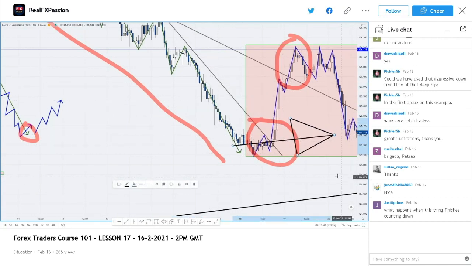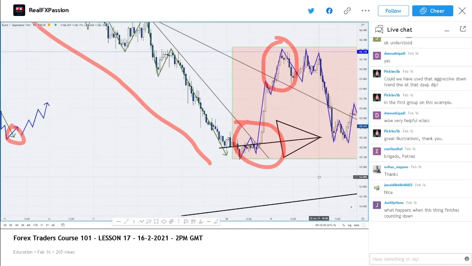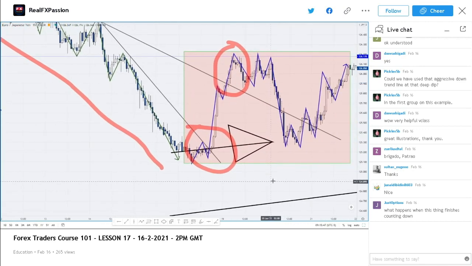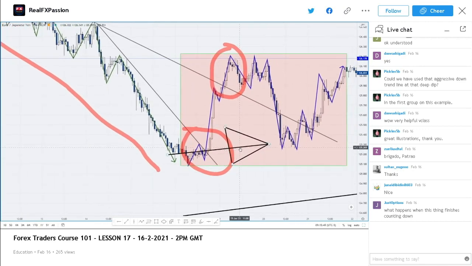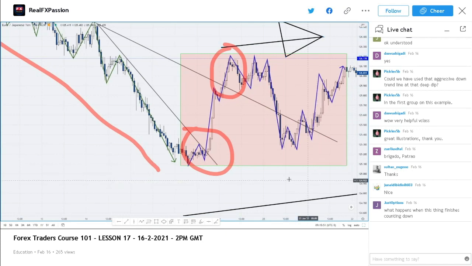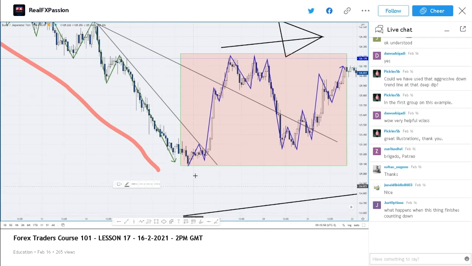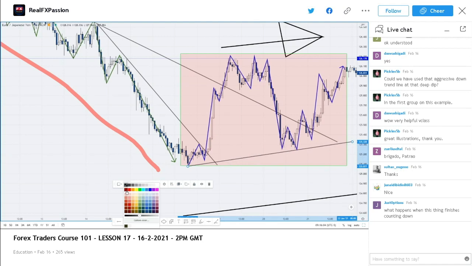Okay, so this was one, and now that the market is moving up, up, up, and we are here, we're going to enter. So I'm going to delete this one, delete this one. We have enough data, because we don't see the future. The red one is going to be our uptrend line.